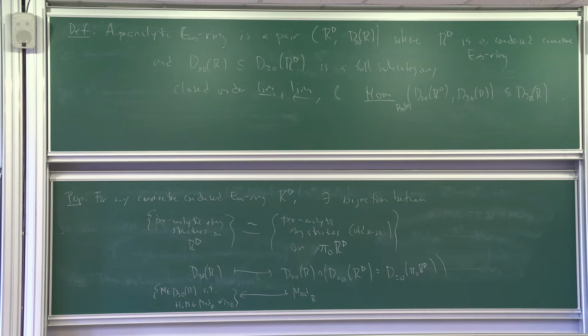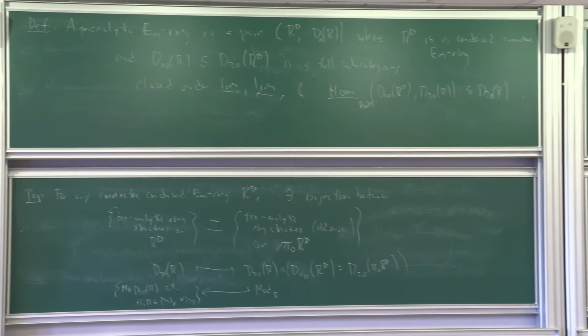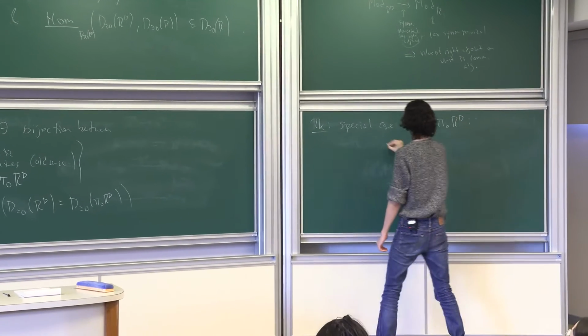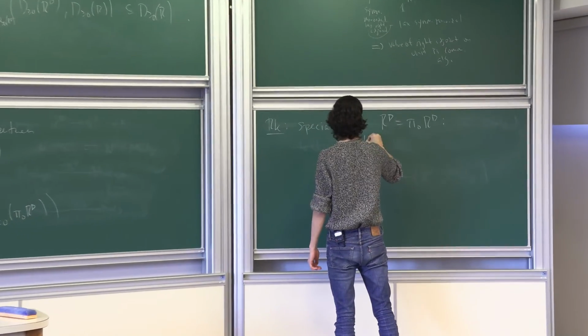Right. So let me make a remark. In this special case where R triangle equals pi 0 R triangle, we see that the two definitions are consistent.